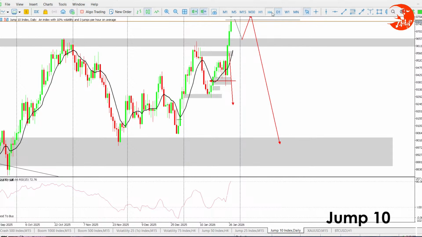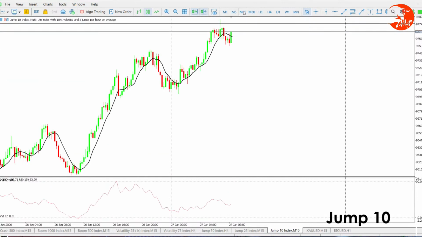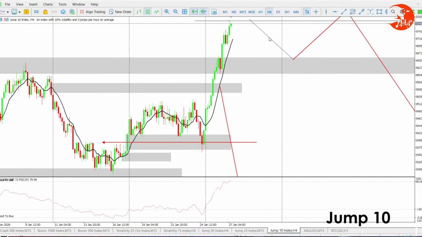H4 is overbought also, H1 is overbought, M15 is actually trying to drop down and give us an entry for the sells, but it's crazy to use M15 for now, because that is a break of structure. So all we need now is to wait on H4.